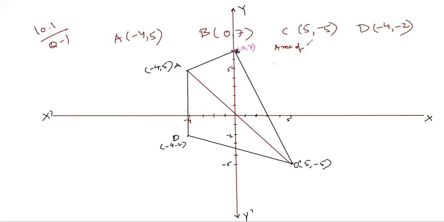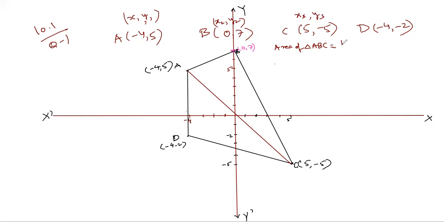Area of triangle ABC: this is triangle ABC, and we will take A as x1, y1, as you have done in class 10th, then x2, y2, x3, y3.